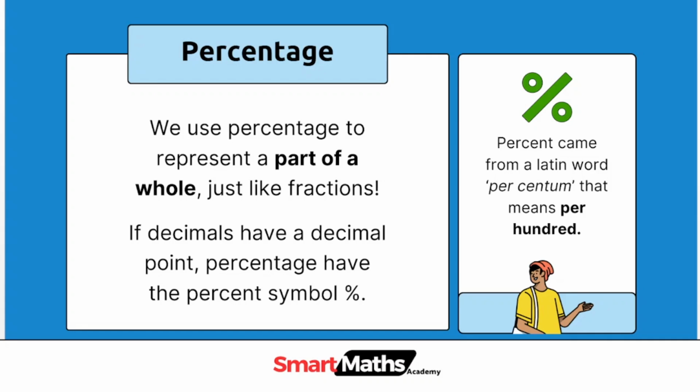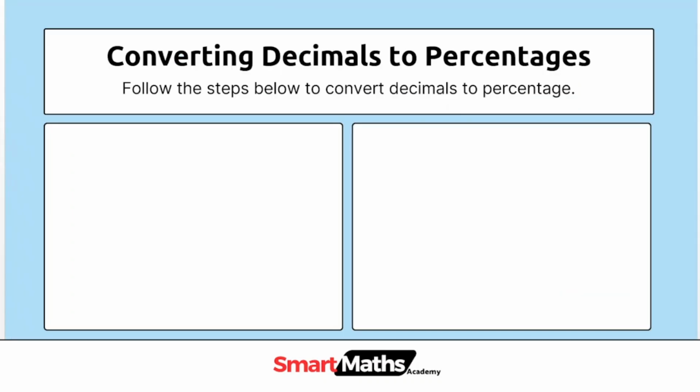We've learned how to convert when you have a fraction that is into the hundredth place or a decimal to the hundredth place. It's the same thing with this. So we're going to follow the steps to see how to convert decimals to percentages, which is quite simple.